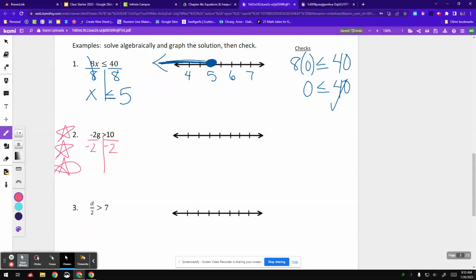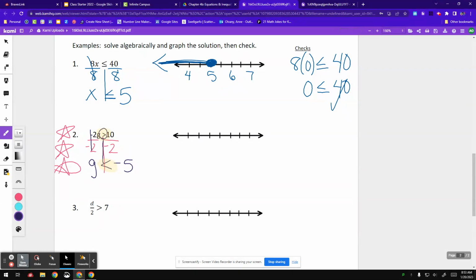As soon as I hear those words, I'm going to slide my symbol down and flip it so I don't forget. Now I can continue. g is less than negative 5. Everybody catch that? This symbol right here got flipped. And that's what we're going to graph on the number line, the new one, the flippy one.